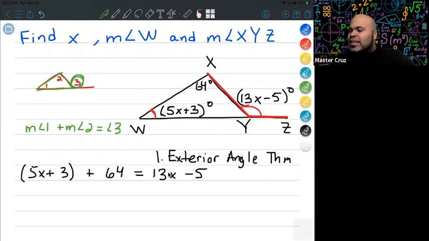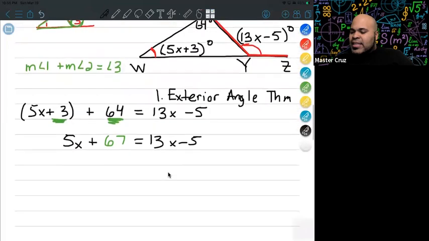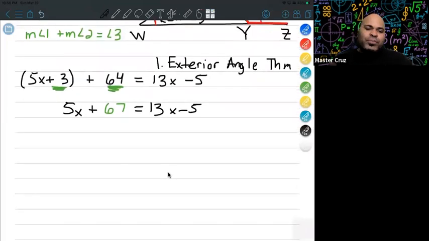So if I look on the left-hand side of the equal sign, it looks like 3 and 64 are like terms. So I can combine them, and I'm going to have that 5x plus 67 equals 13x minus 5. And then from here, I'm going to move all the variables to one side and all the constants to the other.